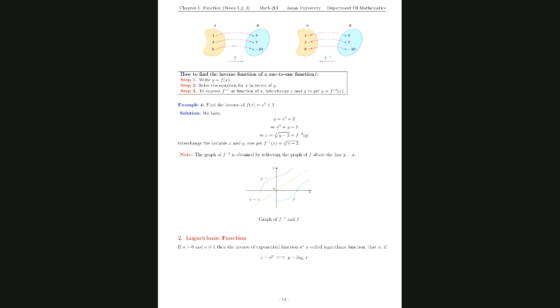See here, the function f. The first step is what? The first step: write f(x) as y. So here f(x) is y, and y equals x power 3 plus 2. This is number 1 step. See how to solve.